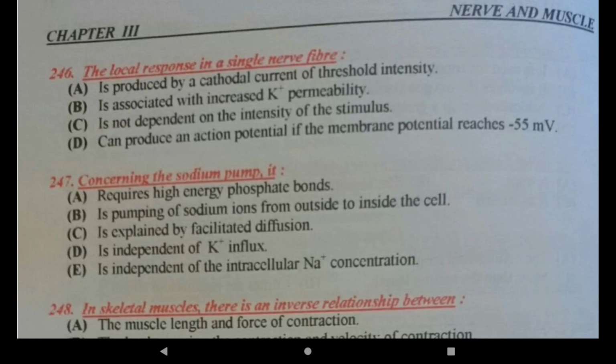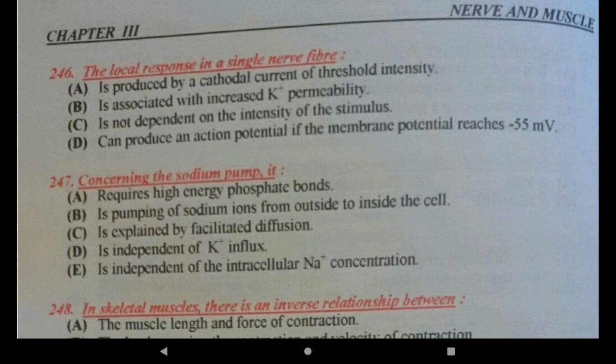Why? Because the sodium pump involves actively pumping sodium ions from a region where they are least concentrated, that is to say the ICF, to a region where they are more concentrated, that is to say the ECF.